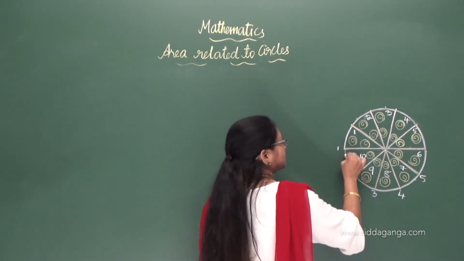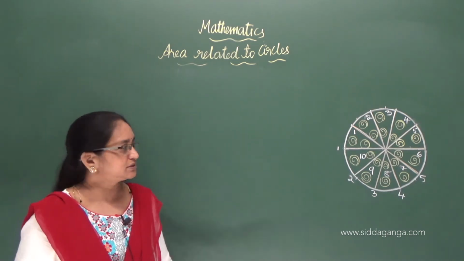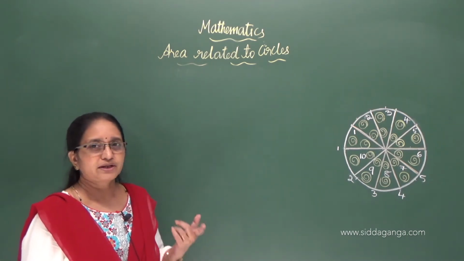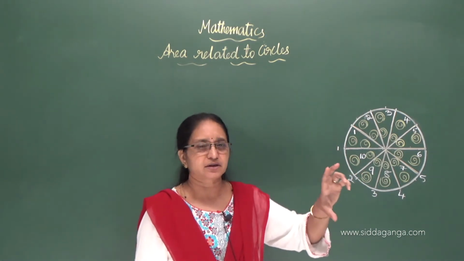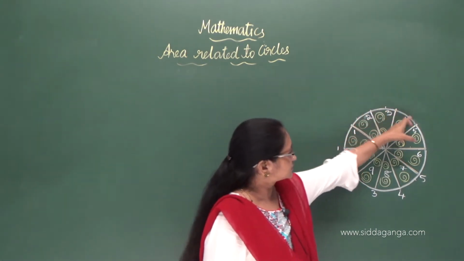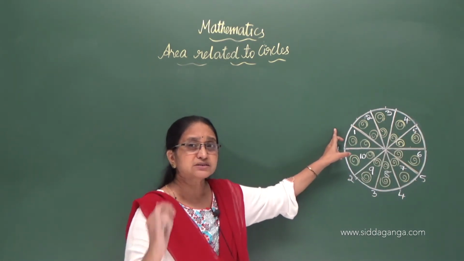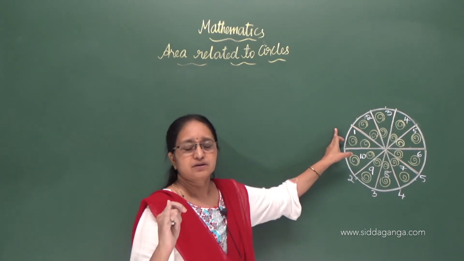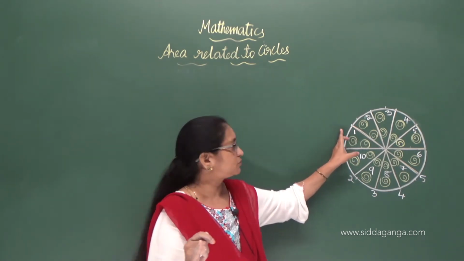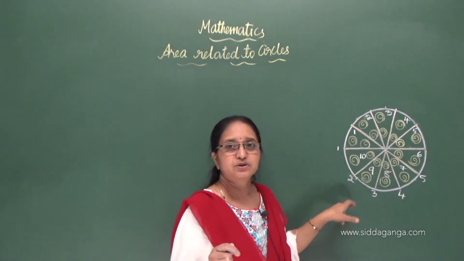So what is the total length of the silver wire required? See, it's very easy. The total length of the silver wire required is nothing but the circumference of a circle, plus they have told you that they are going to use it to make these 5 diameters also.